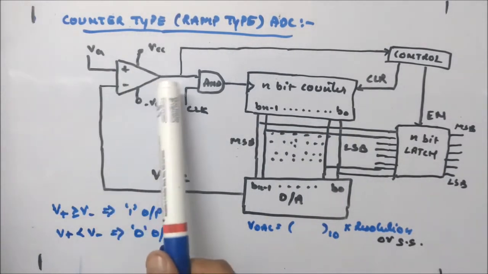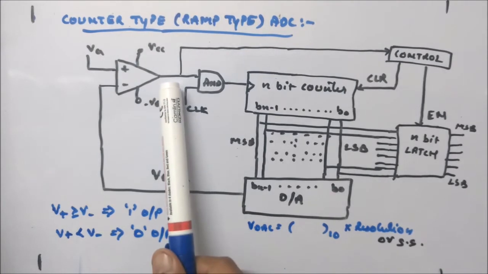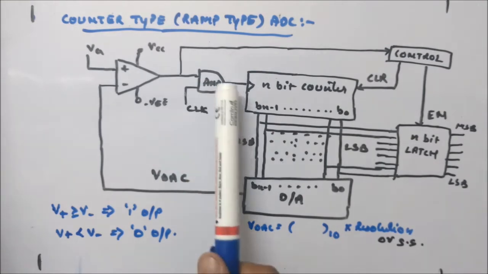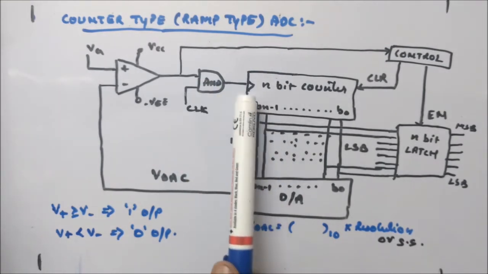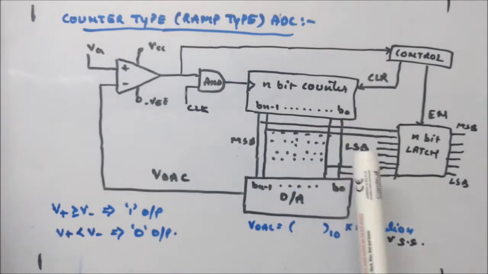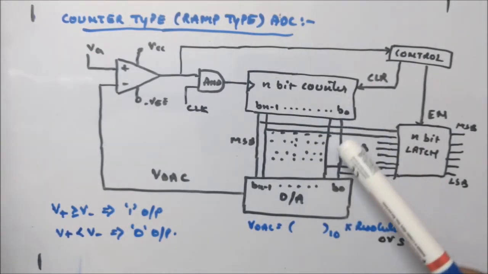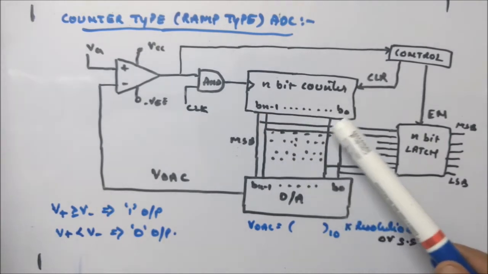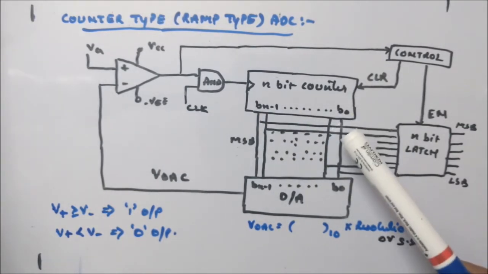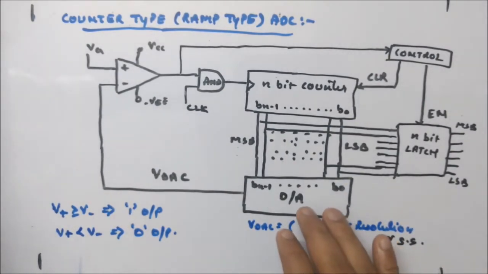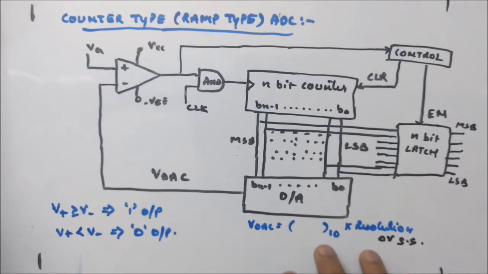It will compare, so logic 1 will be the output of the comparator, meaning the AND gate will let the clock pass to the counter. Since it is positive edged, the counter will start counting, from all 0 to 0 0 0 0 1. So one count will happen, and then the DAC output will be based upon this relation.